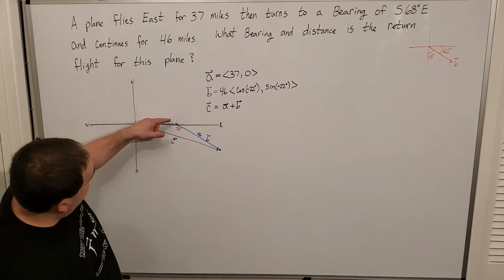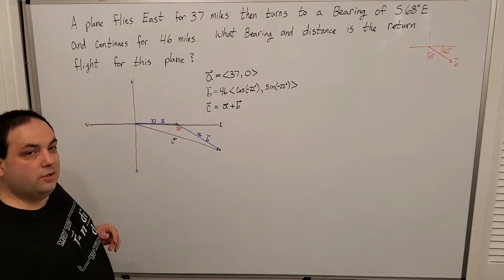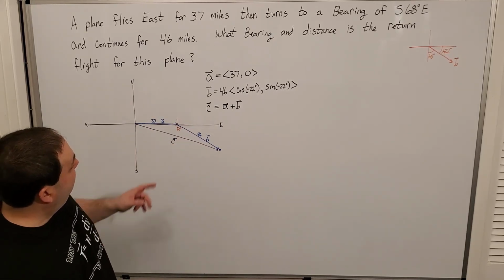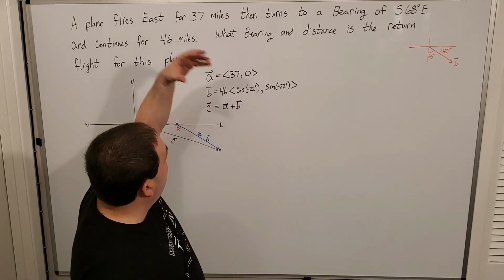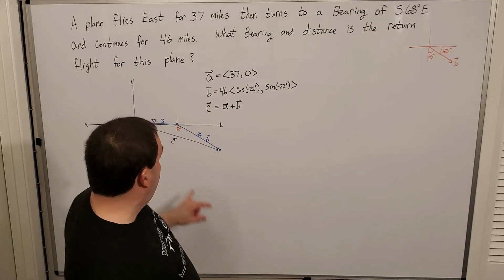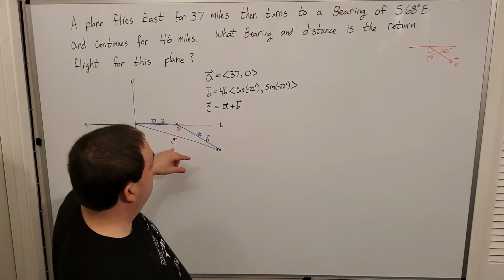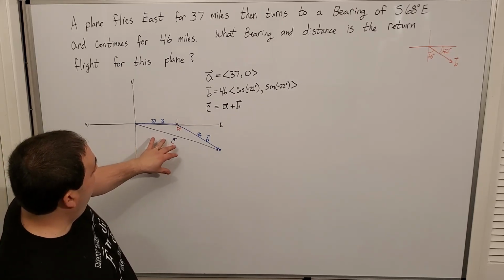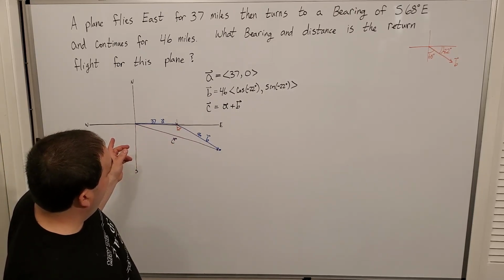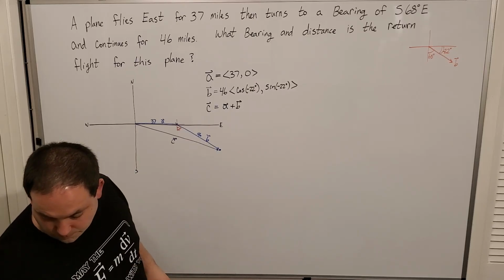That's the tip to tail type of geometric adding. So if I can find the components of vector C, then I just do the magnitude of C and I've got the distance. It doesn't really matter which direction C is. The magnitude is going to be the same either way because it's a distance vector.